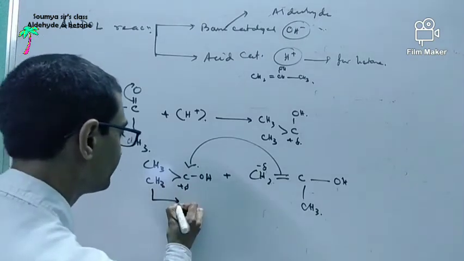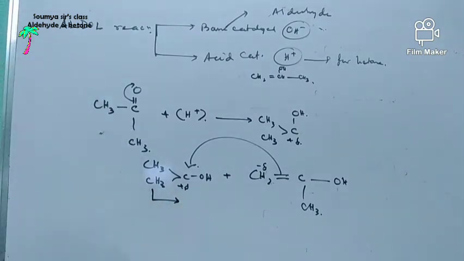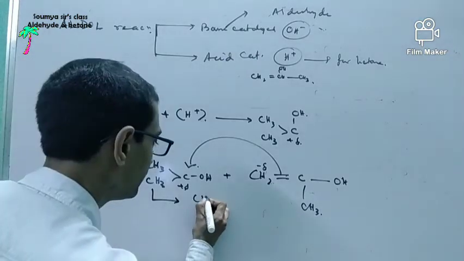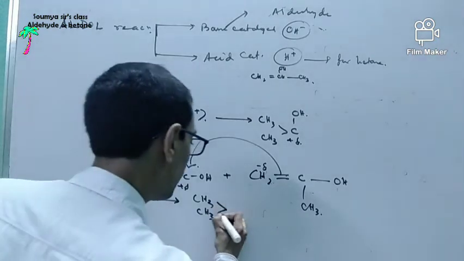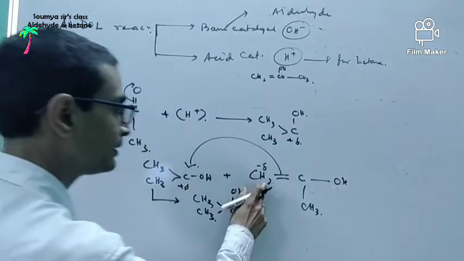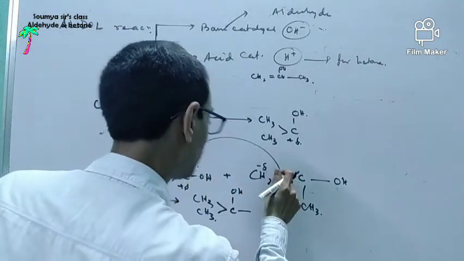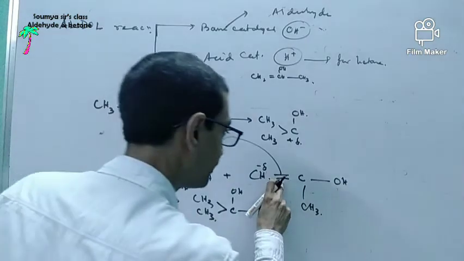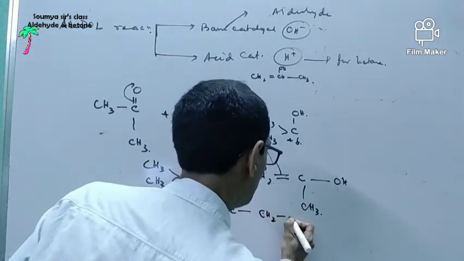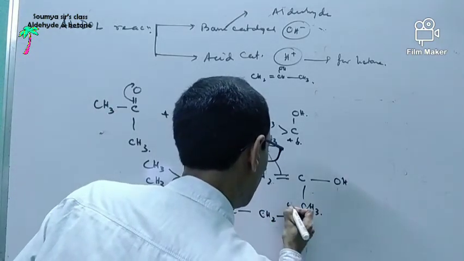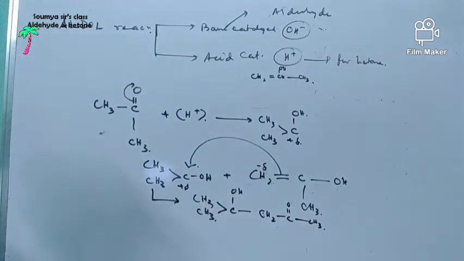As a result, the structure will be: CH3 will be intact, and the COH part will be intact, but in the CH2 part, as the pi electron charge cloud attacks here, it makes it single bonded, and the rest part is CH2, CO and CH3. The rest part is CH3, CO, CH3.